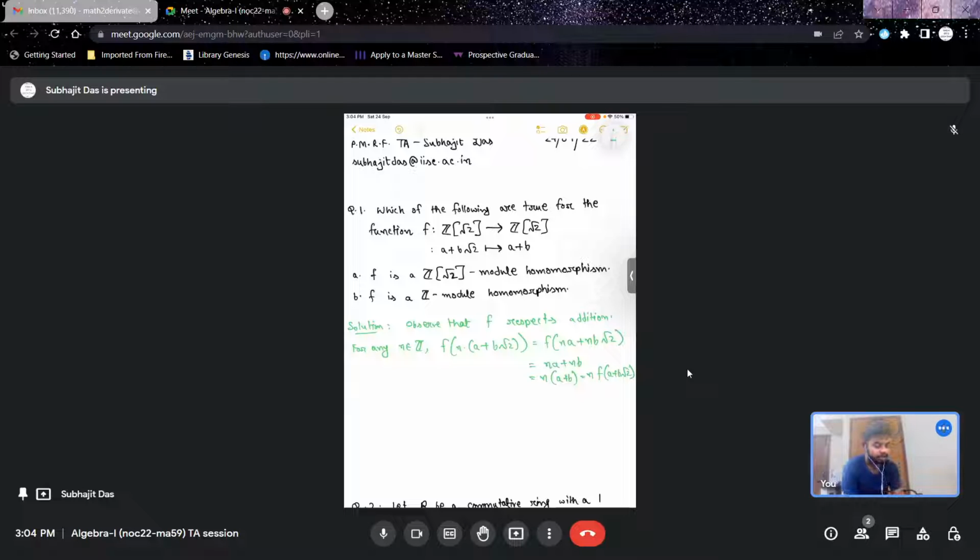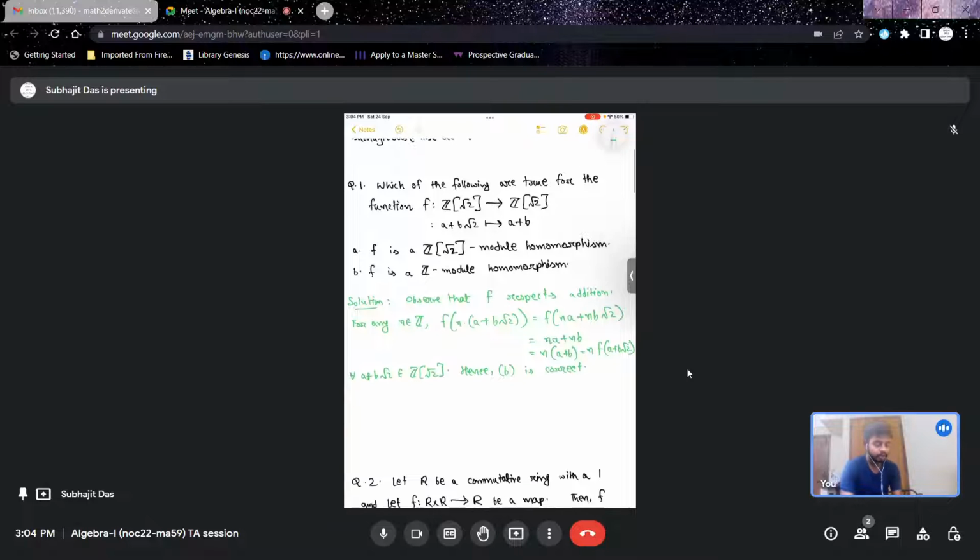So this is true for all a plus b root 2 in Z root 2 and for all n in Z. Hence B is correct. Option B is clearly correct, there is no doubt about it.